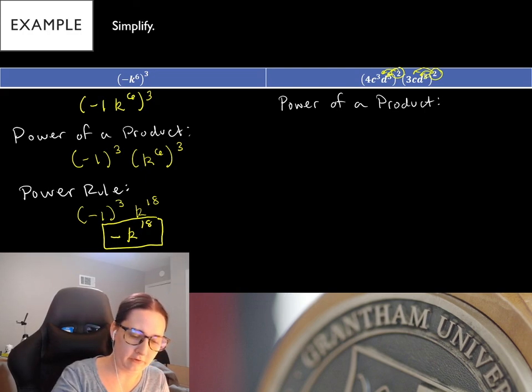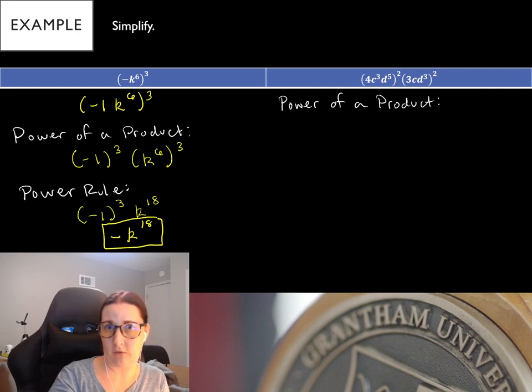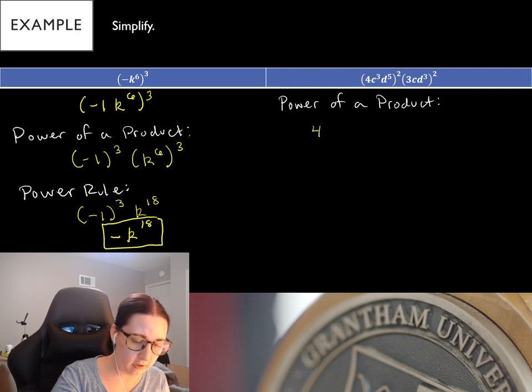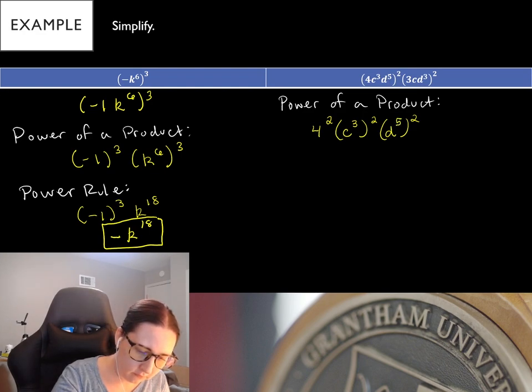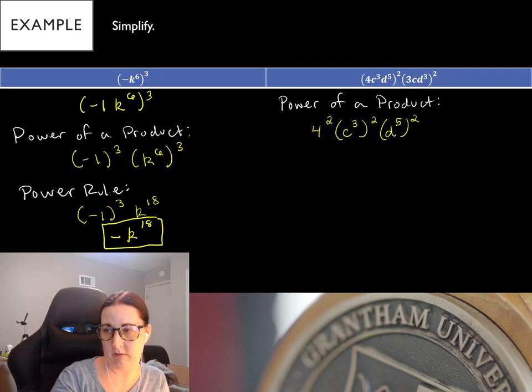So let me erase those. Now it looks messy. We've got the 4, which is going to get an exponent of 2. We have our c cubed, which now has an exponent of 2, and then d to the 5th, which has an exponent of 2. Okay, now I'm going to switch, and now let's do the next part.